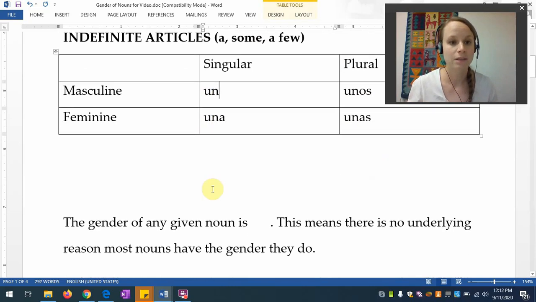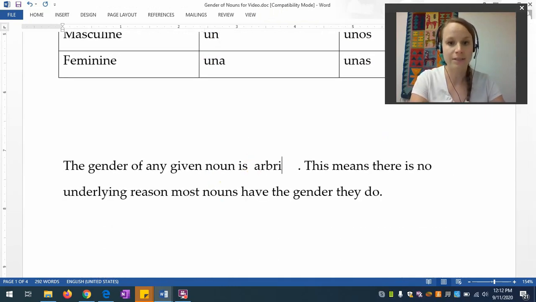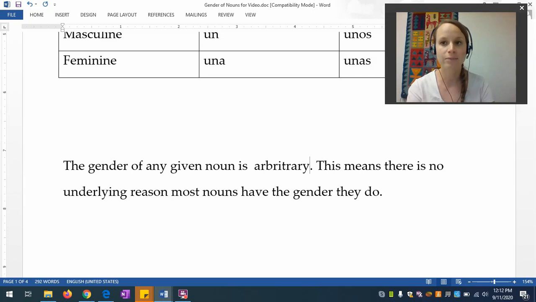So the gender of any given noun in Spanish is arbitrary, meaning there is no underlying reason most nouns have the gender they do. I'll talk about how sometimes there is actually a reason, but for the most part, anytime that you have a noun in Spanish, it's masculine or it's feminine, and it's not because there's something about that noun that is intrinsically masculine or feminine.